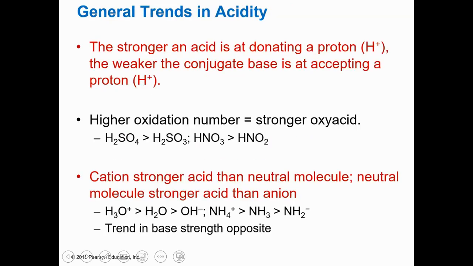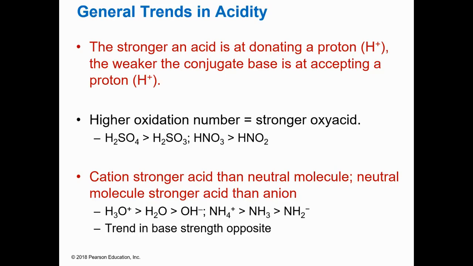All right, so some trends in acidity. We kind of already talked about this, but the stronger the acid is at donating a proton, the weaker the conjugate base is, so that's new. Also, a higher oxidation number will make it a stronger oxyacid. If you don't remember oxidation numbers at this point, it's okay, but they will reappear in chapter 19, so we are going to need to relearn them.